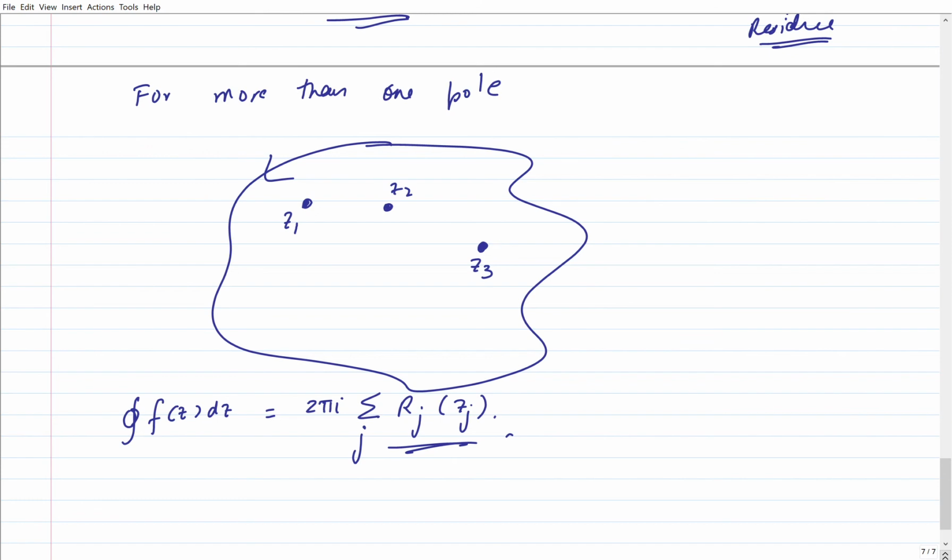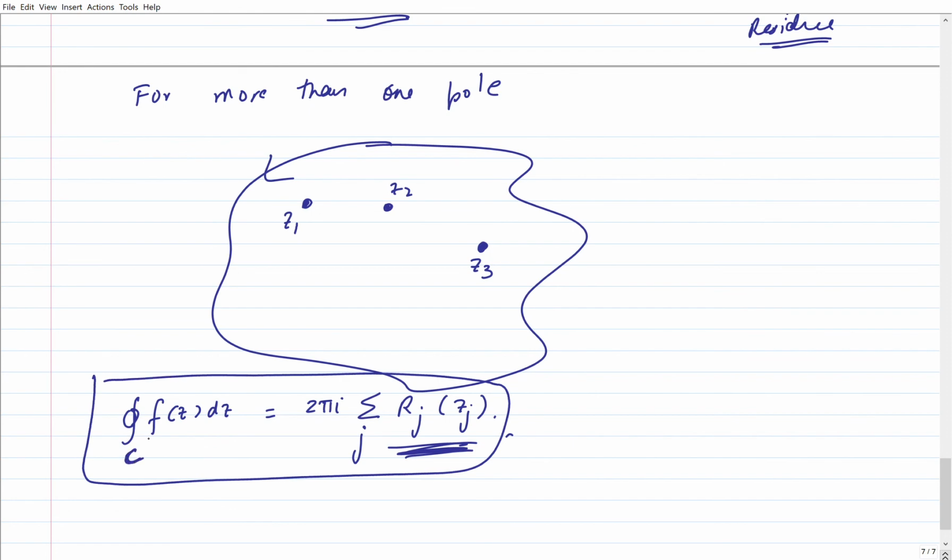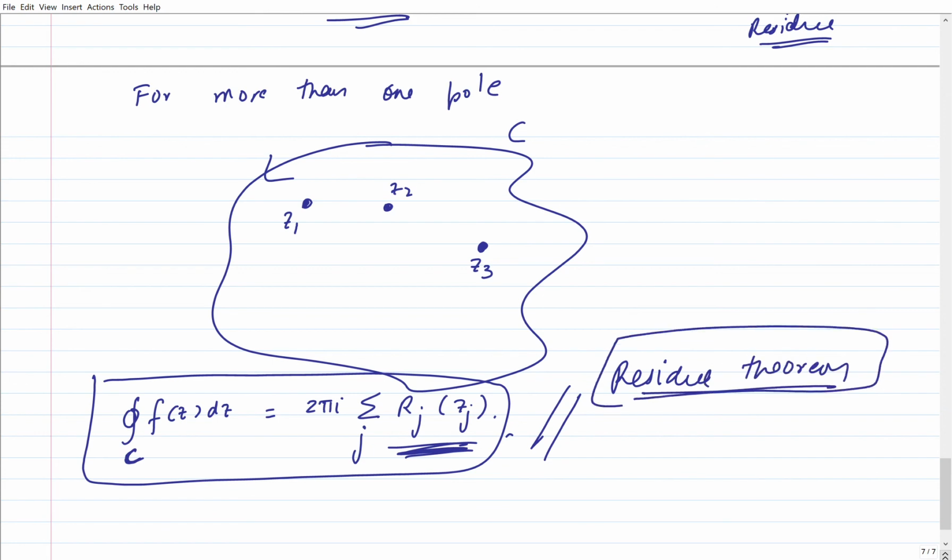The poles can be of any order. We need to calculate the residue from the Laurent series associated with the expansion at each particular pole, and add them up, and the integral is going to be this, as long as the contour encloses whatever poles it has to. So this is the residue theorem, and we are going to see the applications and maybe the proof of it in the next lecture. Thank you.